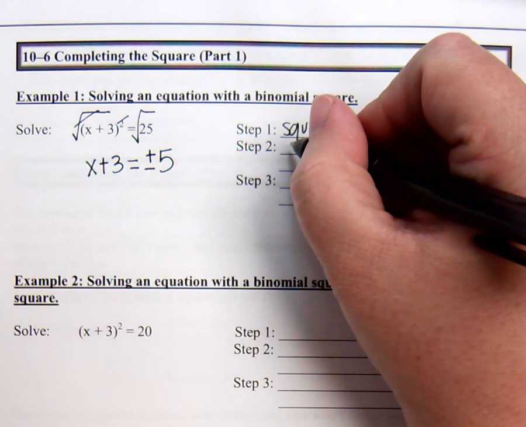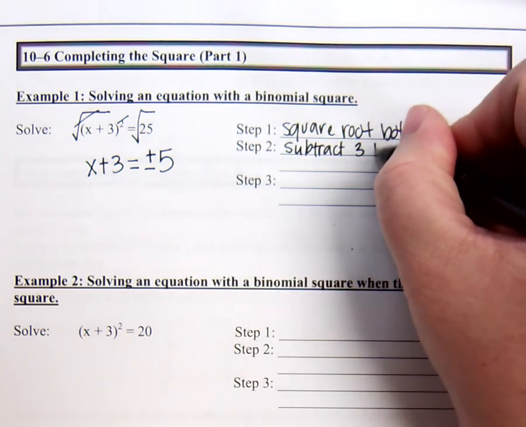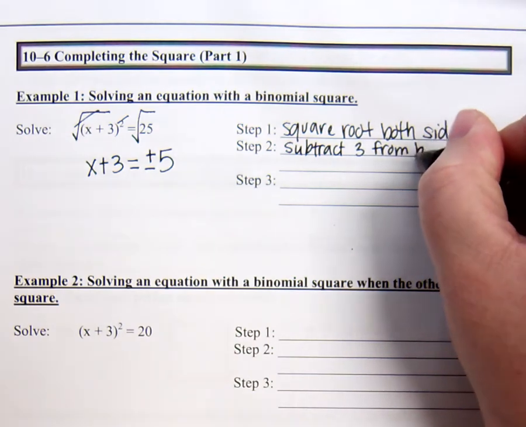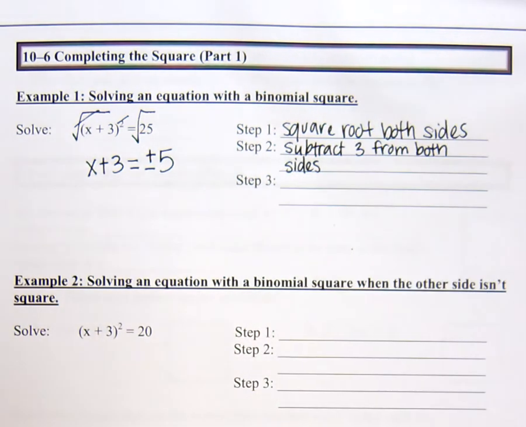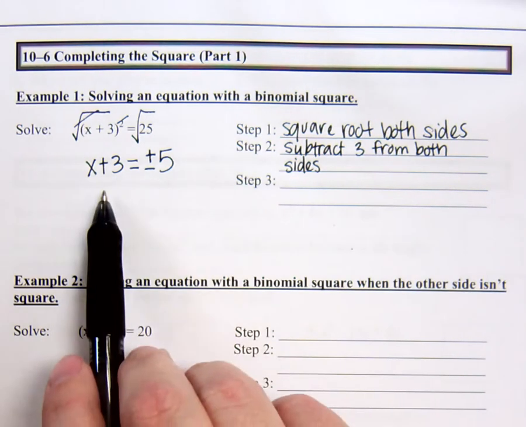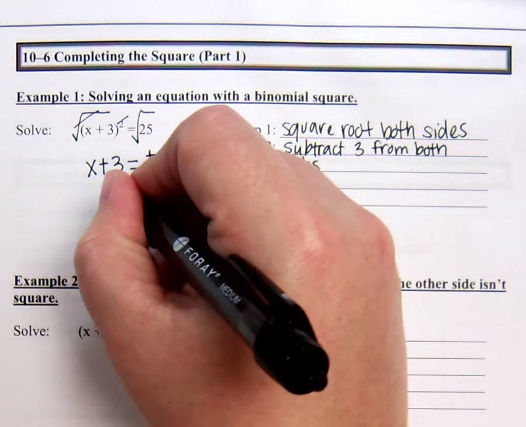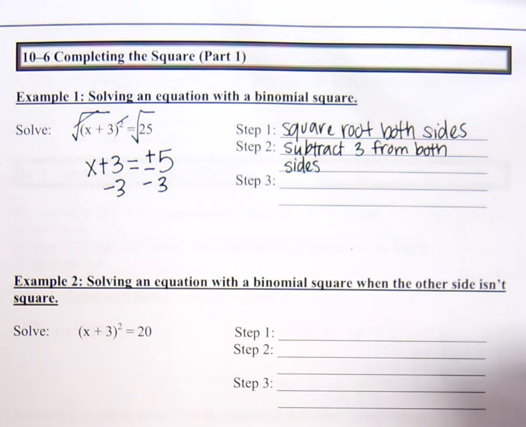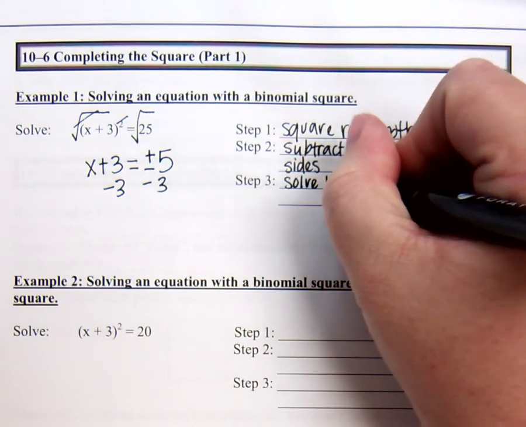Next, we are going to subtract 3 from both sides. Now, notice when you subtract 3 on this side, you have a positive and negative 5. So when I subtract 3, you're actually going to be setting up two separate problems. So step 3, we're going to solve both problems.